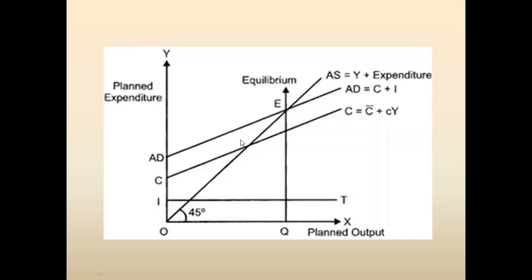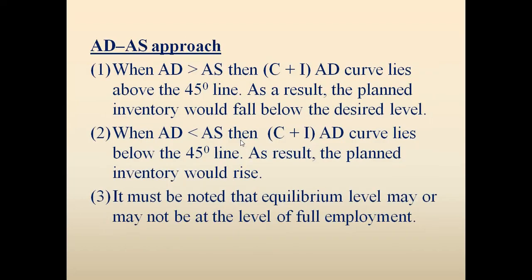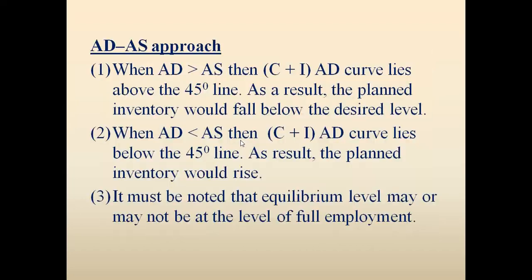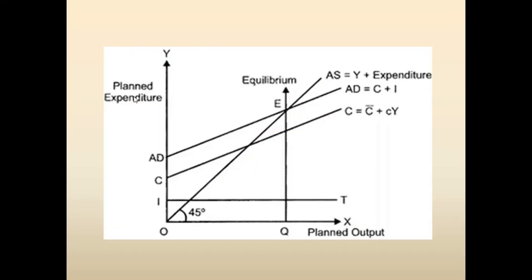Okay, now remember, let us try to draw a conclusion here by both the methods. In this ADAS approach and SI approach, remember, according to the ADAS approach, equilibrium can be achieved at any point. So let us assume this is your first equilibrium situation, and with rise in income, your consumption also increases.